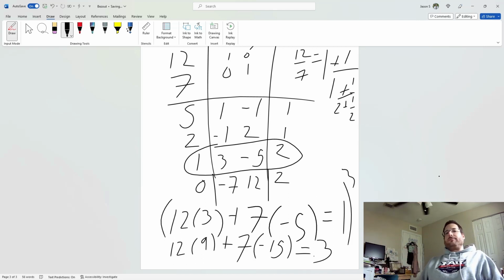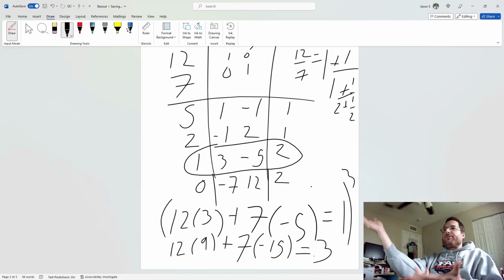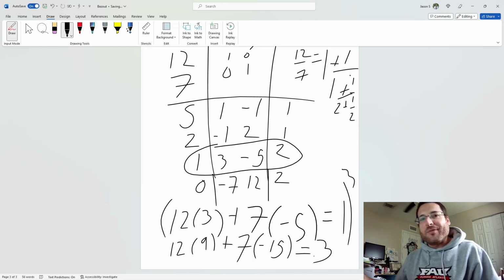And there you have it. So this is how you could solve any Diophantine equation, and also solve for any division continued fractions. Isn't that wonderful? Isn't that great?